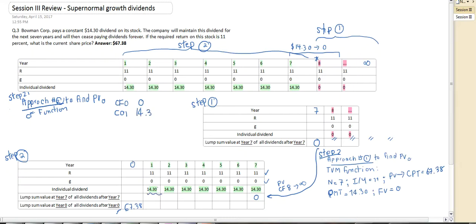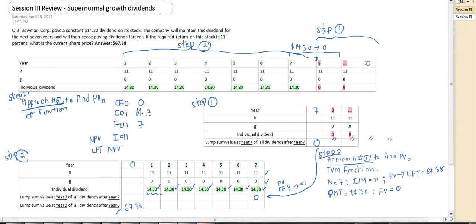If you don't want to spend much time keying in the information, you can use F01 by counting how many times this cash flow recurs. We count 1, 2, 3, 4, 5, 6, 7, so it happened 7 times. So the frequency of the cash flow equal to 14.3 is 7 times. And that's it. You press NPV, put I equal to 11, and then compute for NPV.